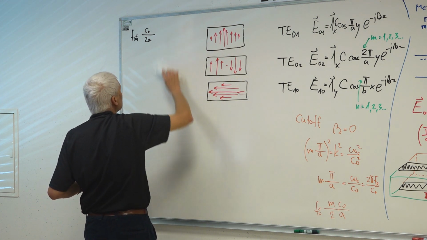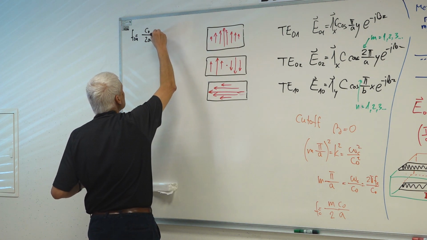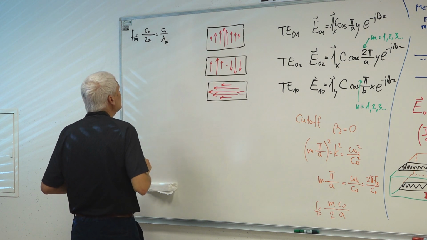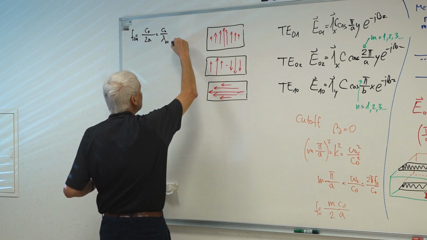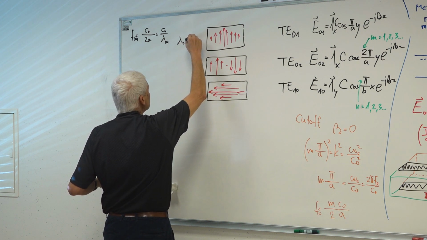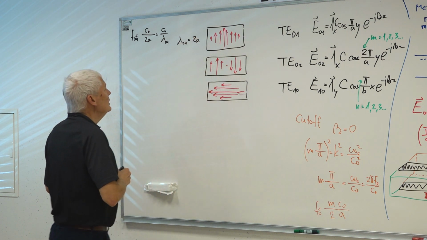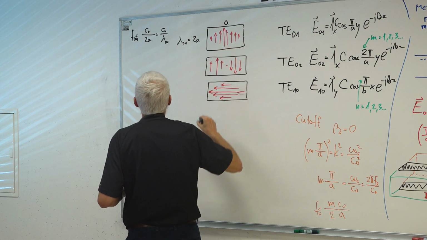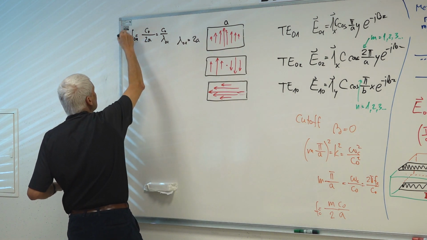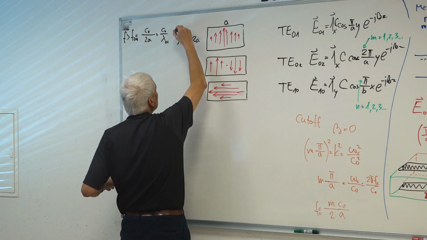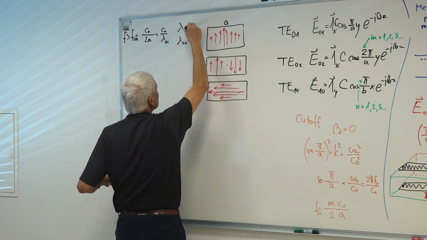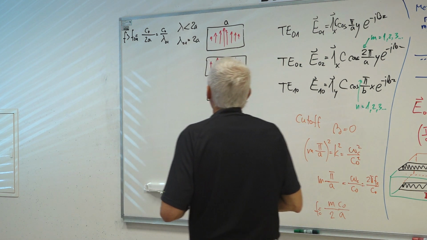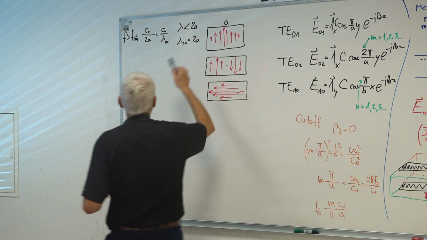I can rewrite this F0 as C0 over lambda cutoff, lambda 01. And now I see what lambda 01 is: lambda 01 is 2a. So the frequency should be higher than this, or the wavelength should be smaller than 2a. Okay? This is the condition for the cutoff for the first mode.